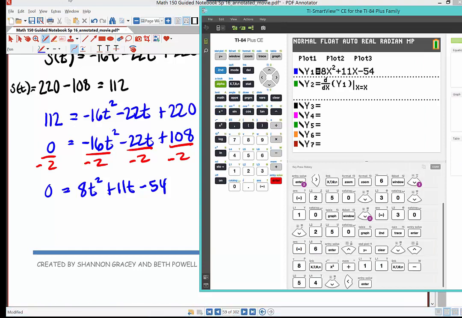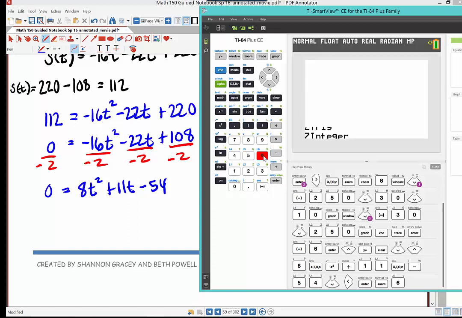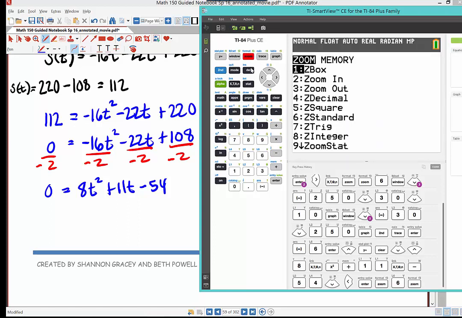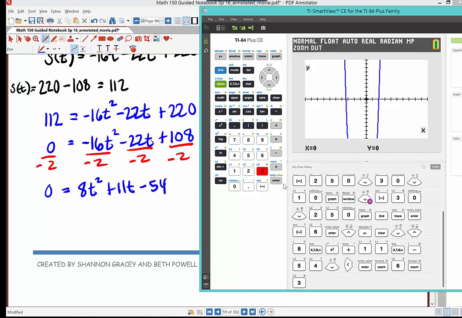And I don't know where we're going to be, so I'm just going to start with zoom standard. See what happens. Okay, so we can zoom out, but do you see that we're crossing the x-axis here, and we're not interested in negative time, so we can zoom out a little bit, but we pretty much already have what we need.